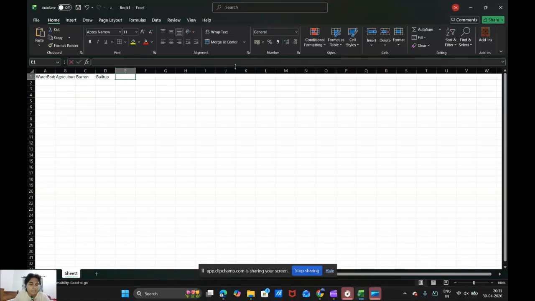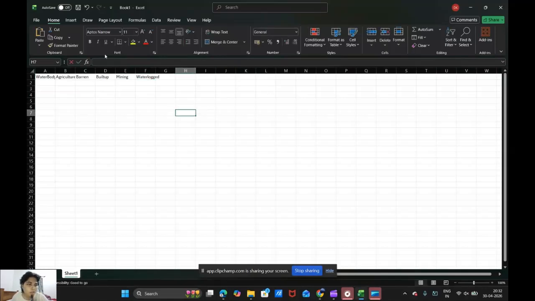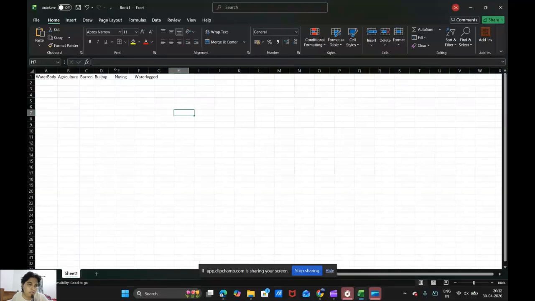And then let's take another, maybe mining pit or mining area. Then we will take waterlogged area. Let's say some waterlogged area is also there. Okay, so let me just adjust it.